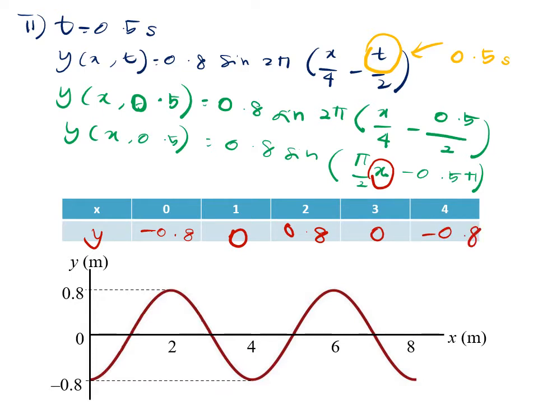So what you have to do is sketch this y against x graph. Okay, plot a sinusoidal graph. We start at 0, y negative 0.8 and x 0. Okay, which is pointed here, and we just follow from this table.